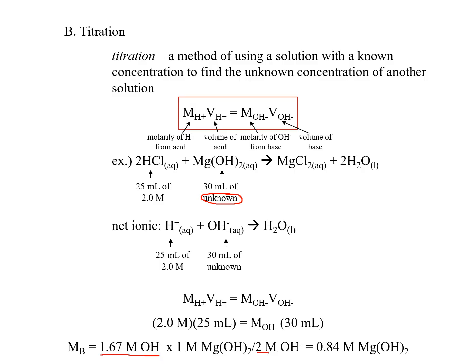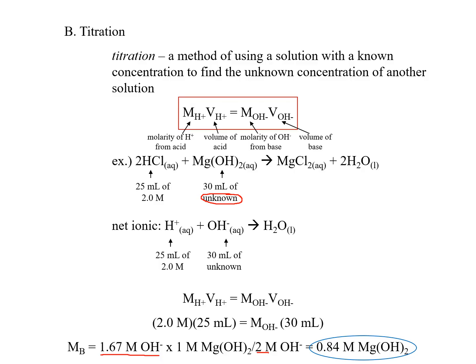If this was MgOH1, we would have been done, right? The 1.67 molar would have been our answer. But since there were 2 in there, I had to divide by 2. So again, occasionally this happens, and so that's why I picked this out as our example problem, because I think it's good for you to see what happens if you have more than one OH or more than one H in your acid or your base.